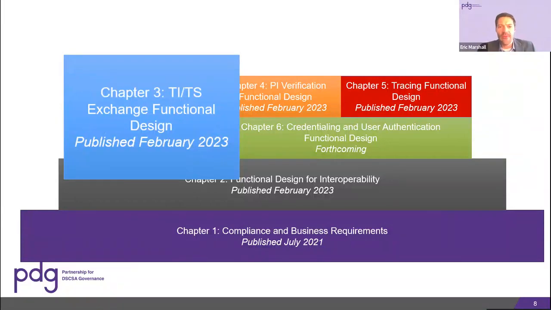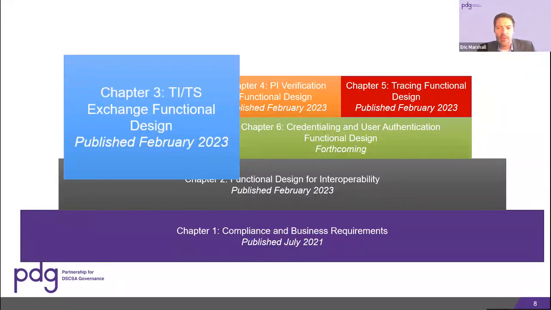Chapters 3, 4, 5, and 6 then set out the individual functional design requirements and recommendations around those core components that we think about for interoperability: TI exchange, verification, tracing, and then the use of a credentialing process in that verification and tracing activity.